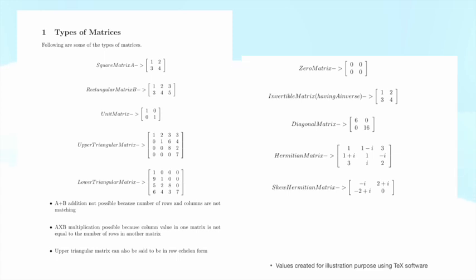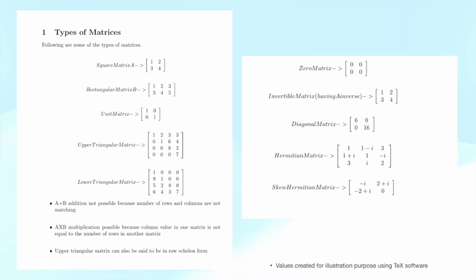We are getting a complex conjugate. The conjugate of 1 plus i is 1 minus i. Similarly, i's conjugate is minus i. So when we transpose the matrix, in that position we get the negative imaginary number, and the other numbers are real numbers, so we are not bothered about them. So this is a Hermitian matrix.